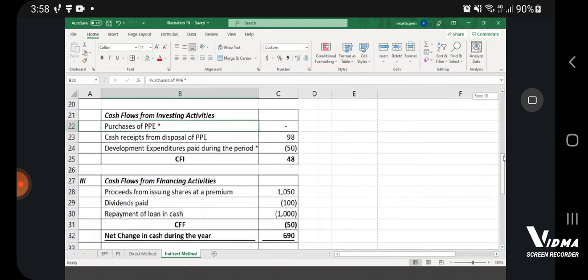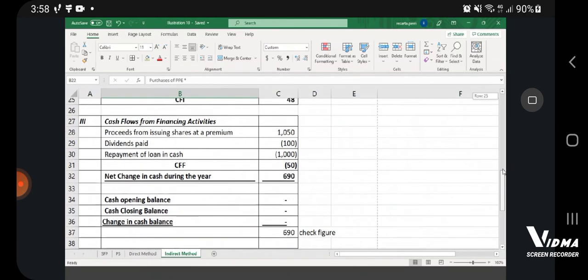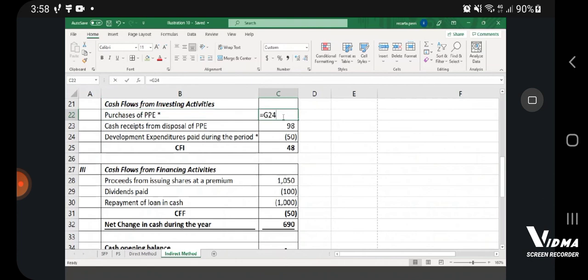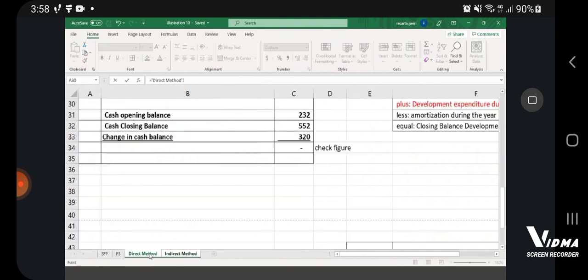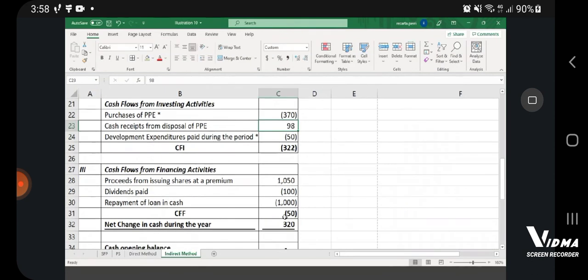And also something else we need to say is that we have to correct the formulas now, right? Okay, so this is cash flows from financing minus 50.